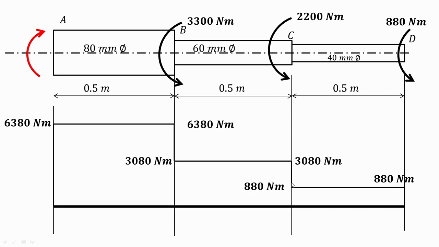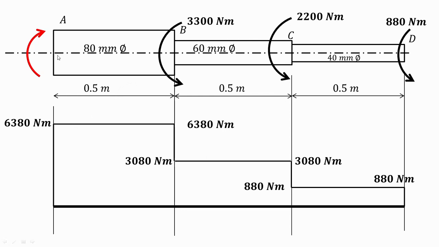So there is a sudden rise in the torque exactly at point C, and it will remain the same just to the right of B. So 3080 Newton meter, but exactly at point B there is again a sudden rise in the torque. So 3080 plus this 3300, so it is 6380 Newton meter, and then it will remain the same up to point A because no other torque is acting between B and A now.